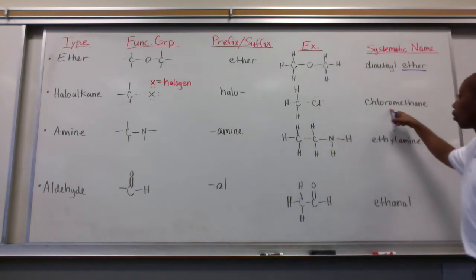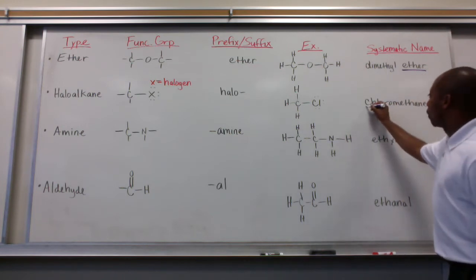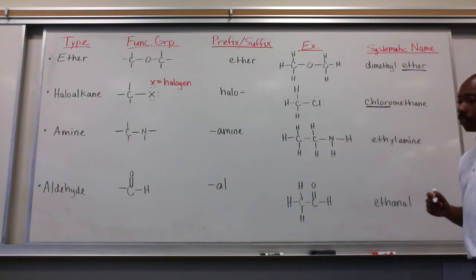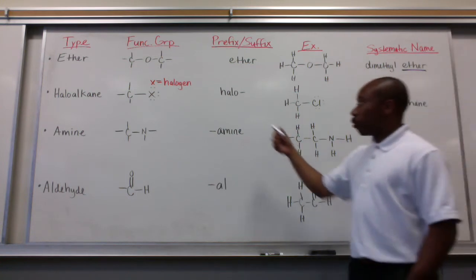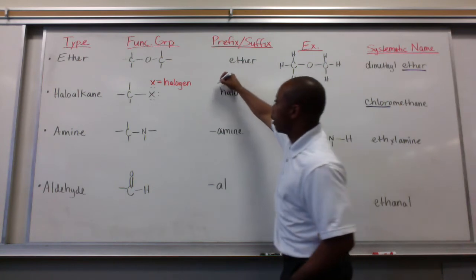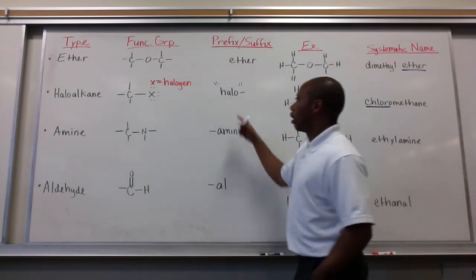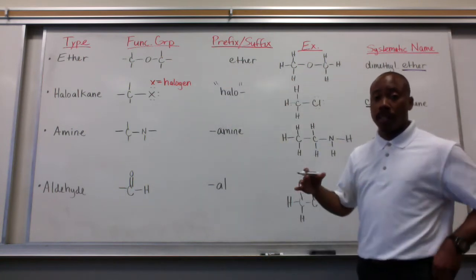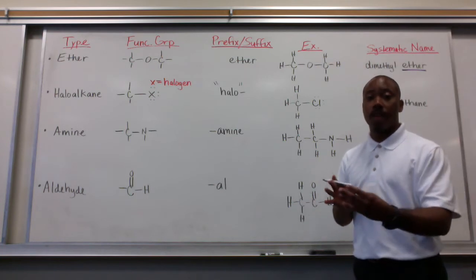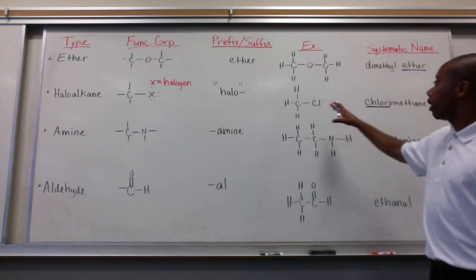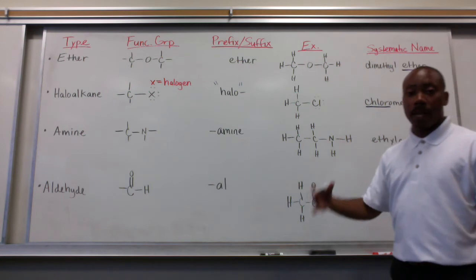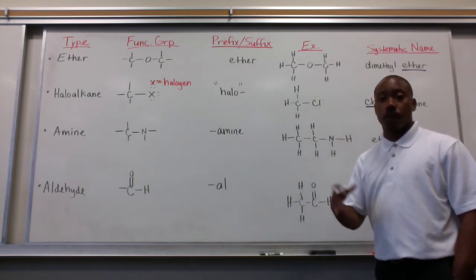And here we have chloromethane. So here would be our prefix. We don't put halo, but we actually put the halogen that we're using, the root of that word. So for chlorine, it would be chloro. If it was bromine, bromo, fluorine, fluoro, etc.